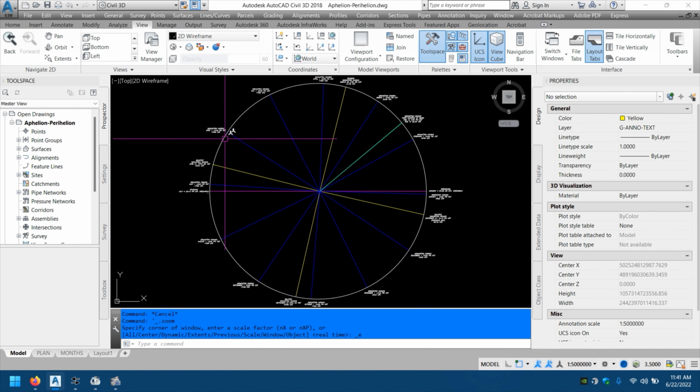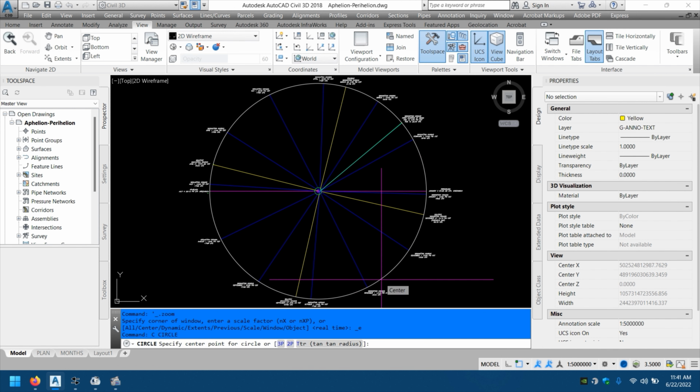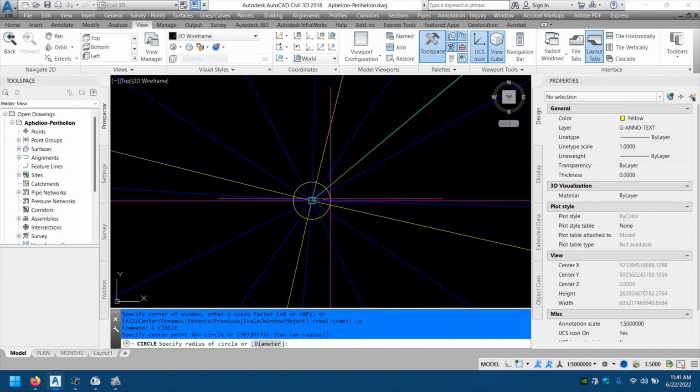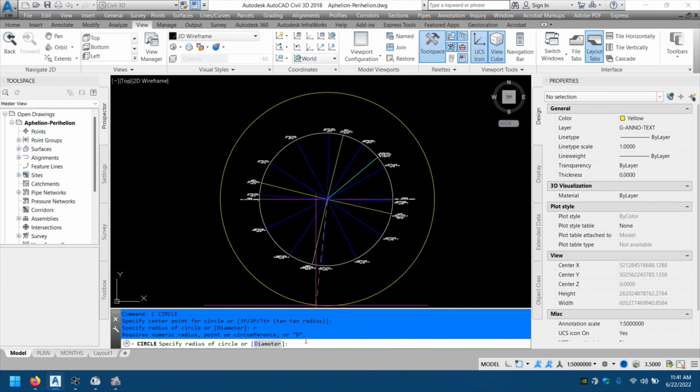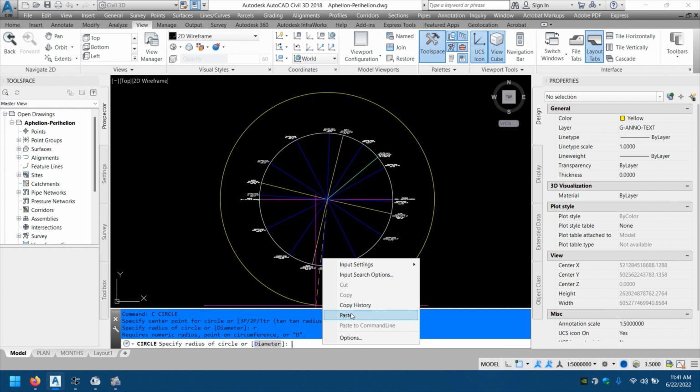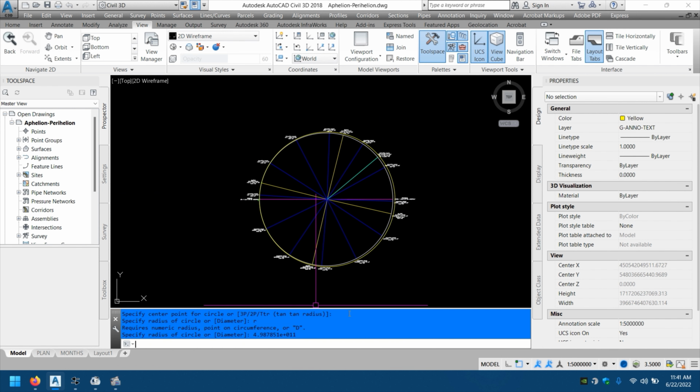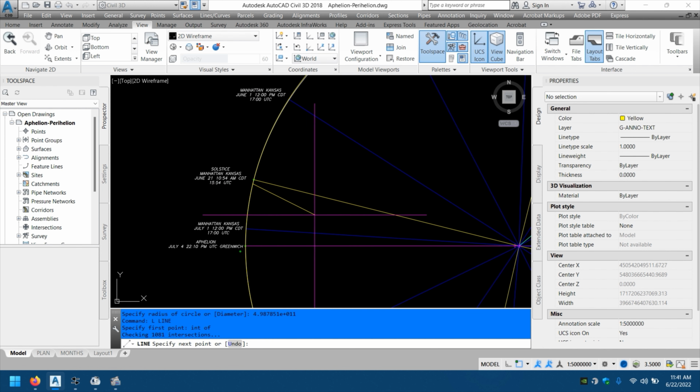Here's my drawing. It's in 3D and all to scale. I draw a circle, and where they intersect is where I place it. So radius, and then paste that number, and then line int. Right there is where I got it.